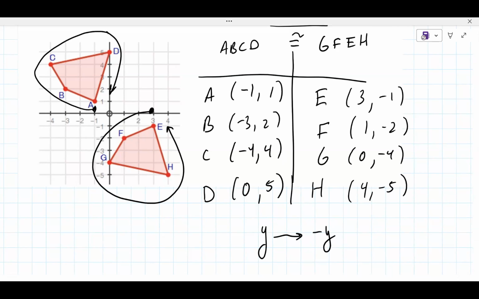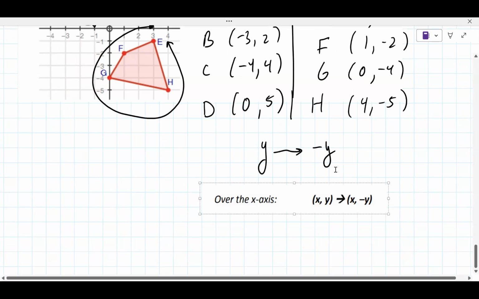It's in the link I sent you in the chat. It would be 90 degrees counterclockwise. That does do it, but this one is over the x-axis.